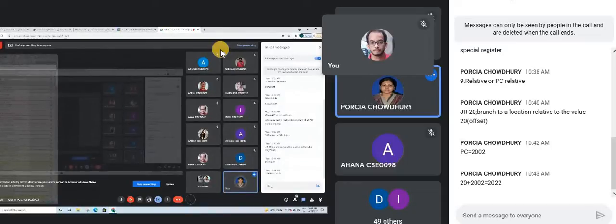Suppose your question is what is PC relative address mode. In that case, you have to say that PC relative address mode is basically this class 4 where the effective address will be calculated by this equation. And after that you will give one example by yourself.